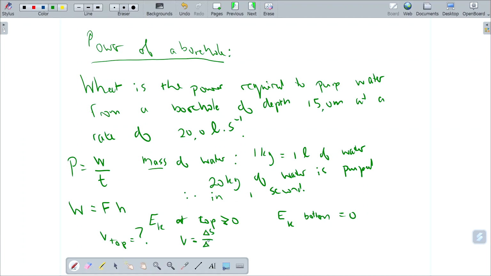So it's the rate of change of displacement. The displacement in this case is the height of the borehole, which is 15 meters. We know that the time is 1 second, and therefore the velocity of the water at the top will be 15 meters per second when it reaches the top.